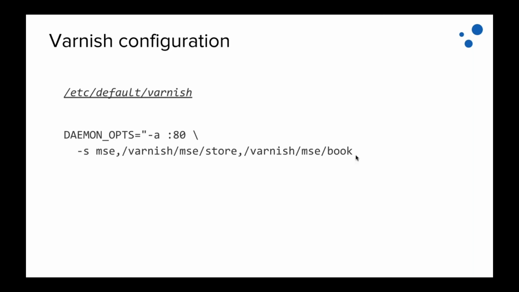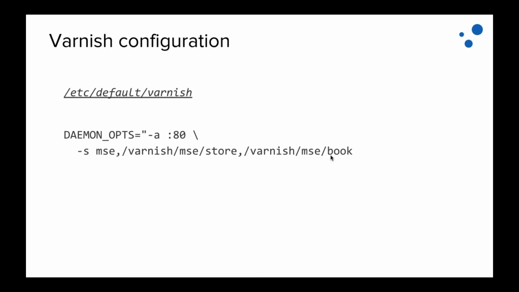And that's a path for the book. The book takes care of indexing the content. So if Varnish gets restarted, on restart Varnish uses this Varnish/MSE/book to reindex all the content and repopulate the cache. So you won't have really any downtime at all.